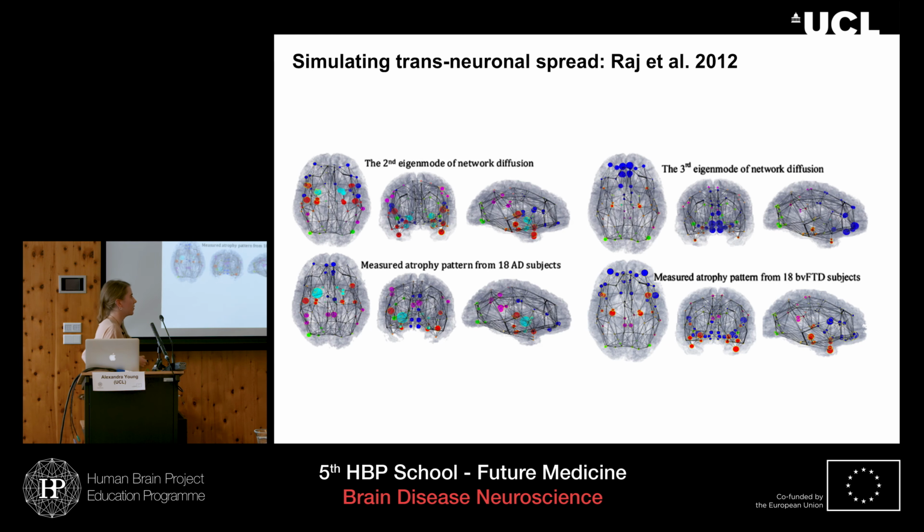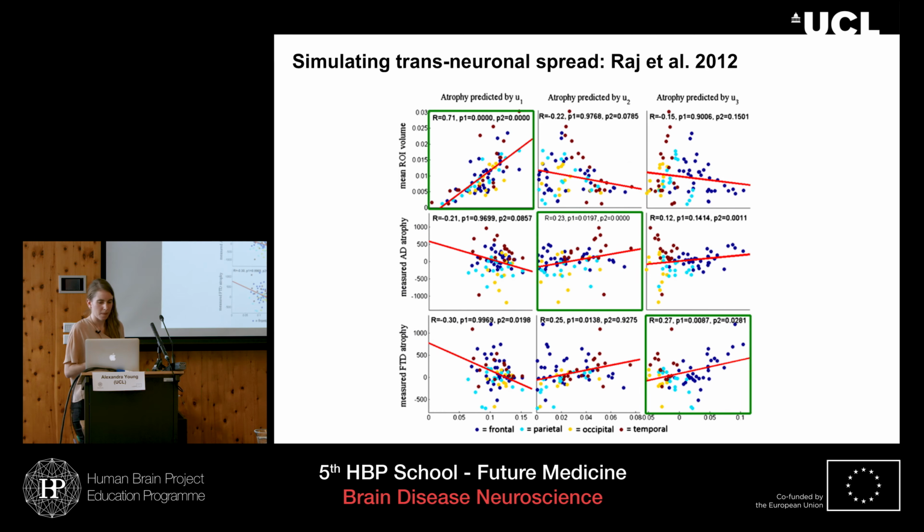And what they find is that when you simulate this network diffusion model under the transneuronal spread hypothesis, you can get different eigenmodes of this network diffusion, so different components of the network diffusion model, and that they actually correspond nicely with the atrophy pattern measured in different types of conditions, here in Alzheimer's disease and here in behavioral variant FTD. And this is the same kind of picture as previously, where they're showing that the atrophy predicted by a particular aspect of the diffusion model is best correlated with a specific disease.